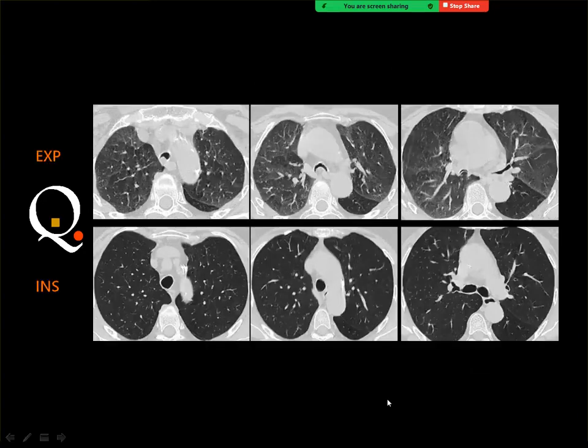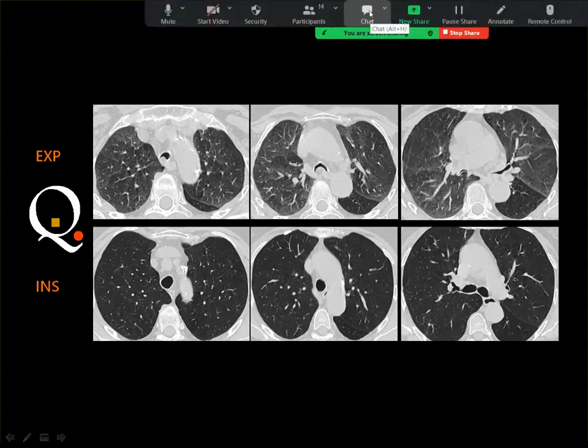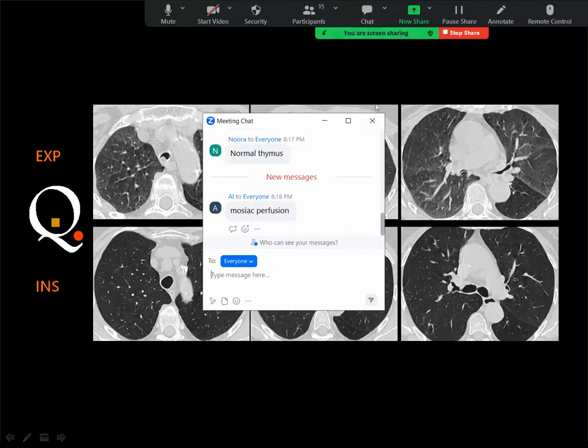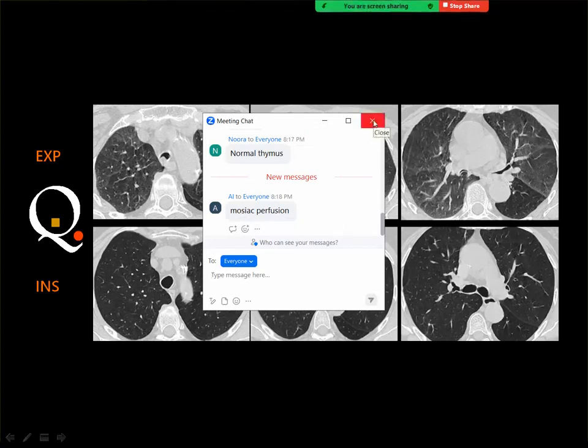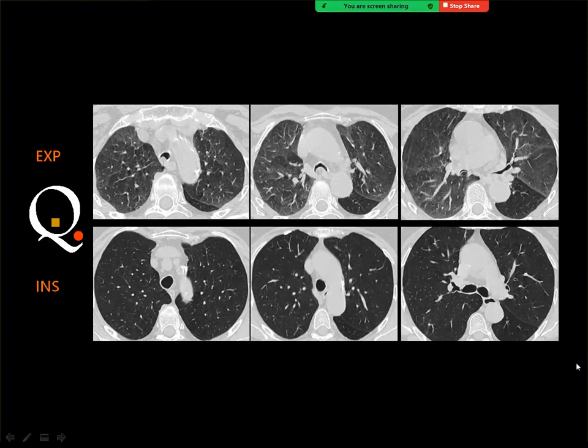And the next case is a CT scan of a patient obtained during expiration and during inspiration. Mosaic perfusion means air trapping.